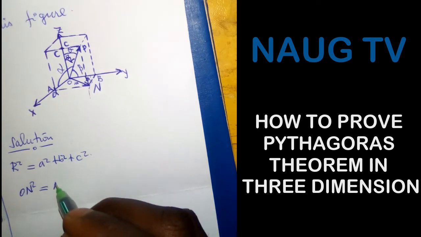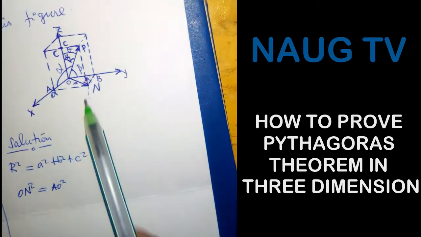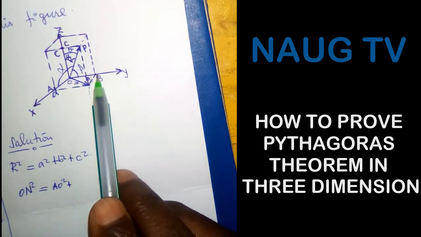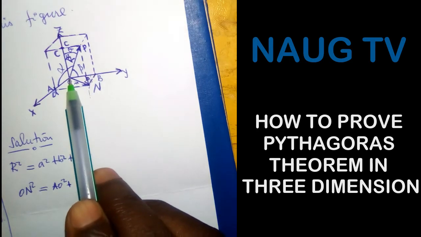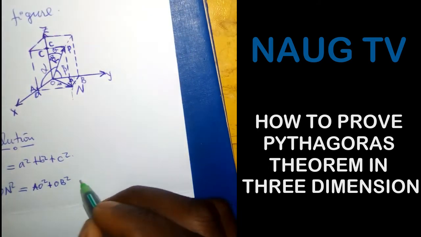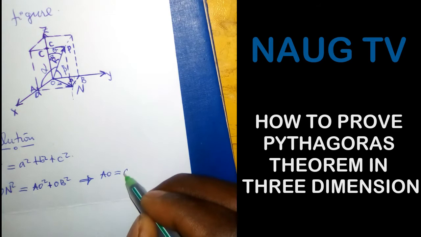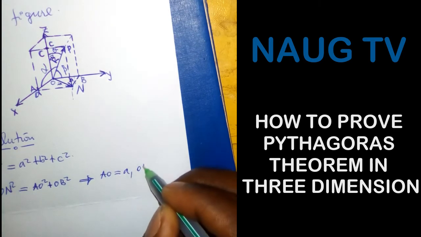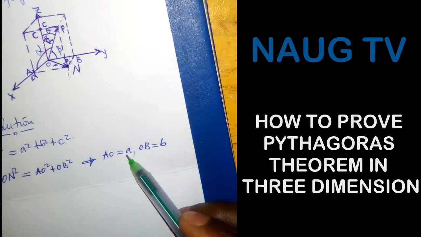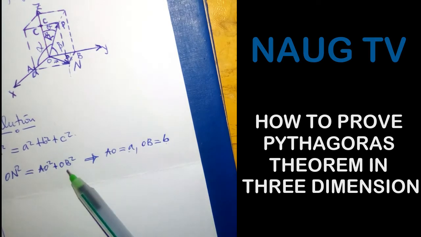AO squared plus OB squared. Here you can also see that AO equals A and OB equals B. So replace the values of A and B in the position of OA and OB respectively.